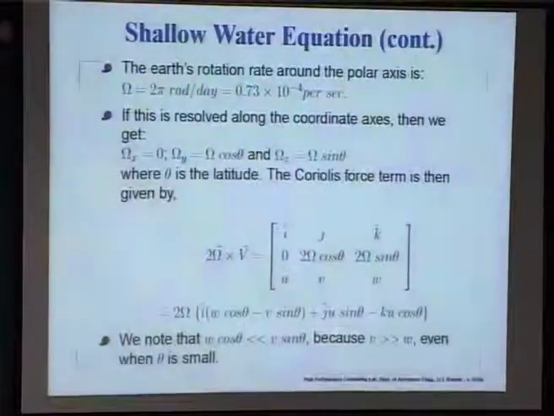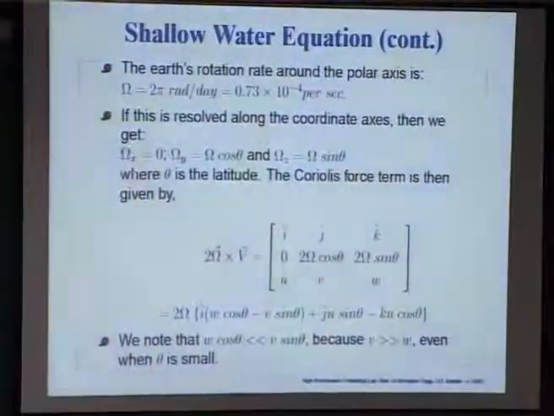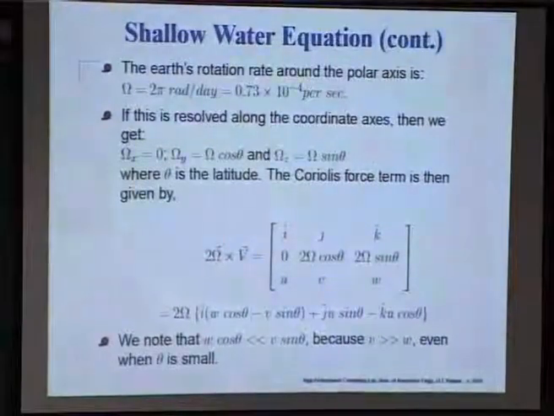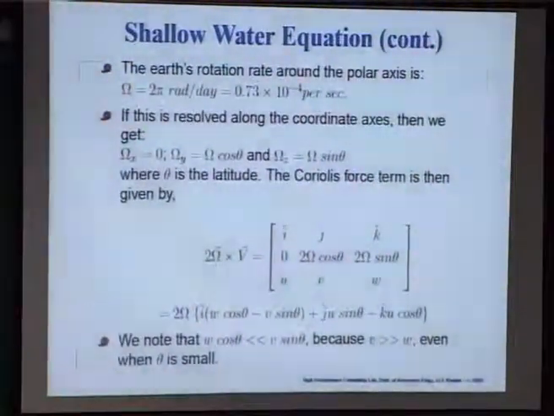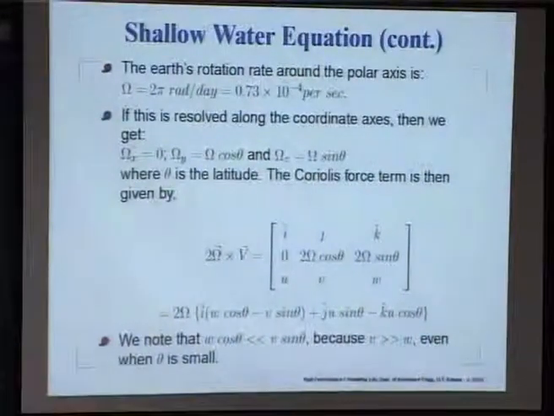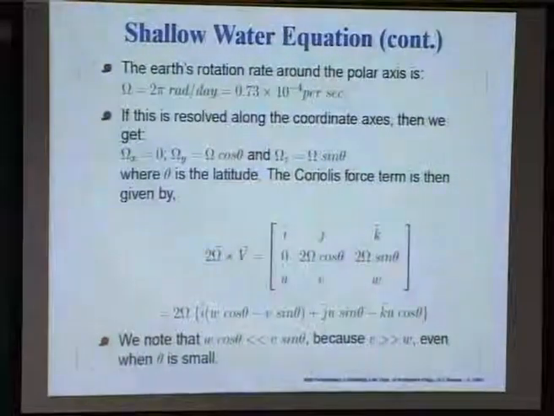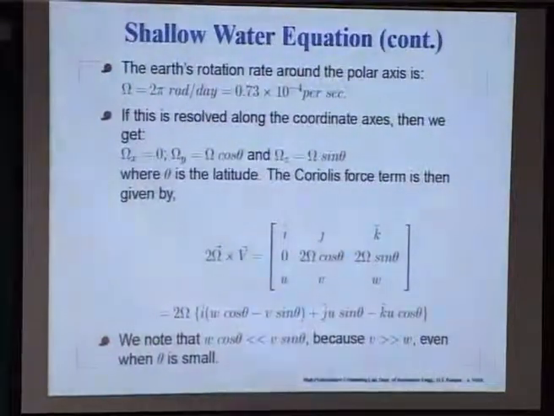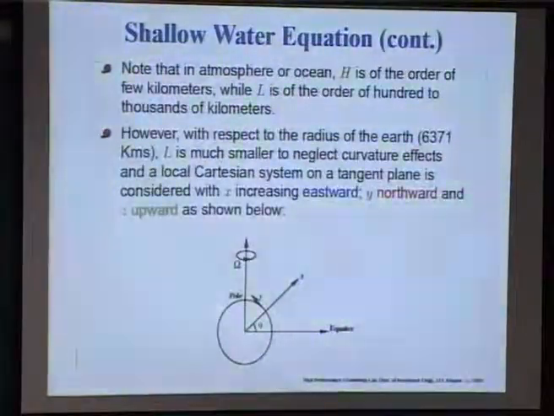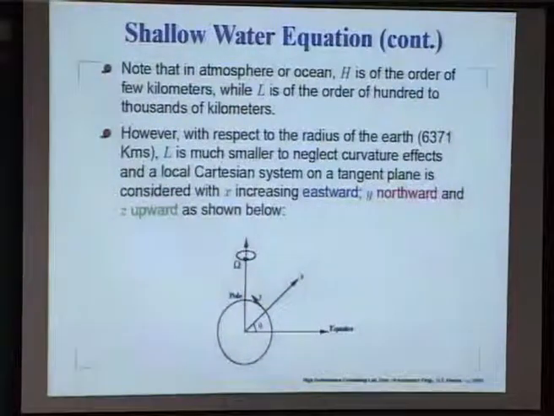So, having decided upon this coordinate system to work with, we have also noted the Earth's rotation rate is a very fixed amount, 2 pi radian per day, and that is in this direction, right, in the polar direction.